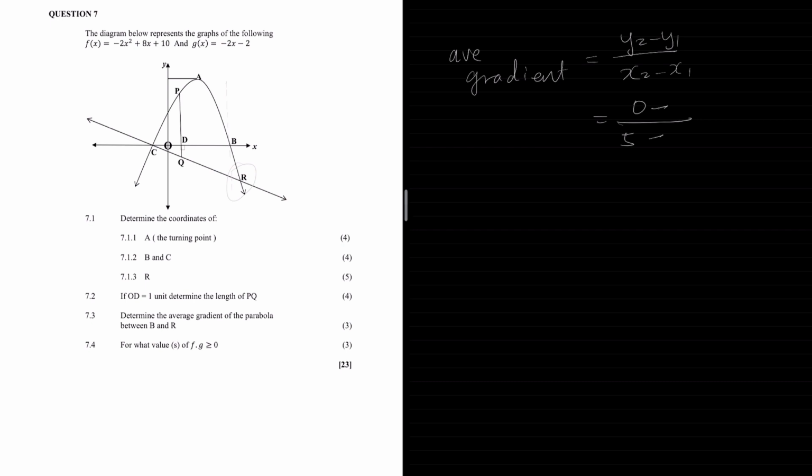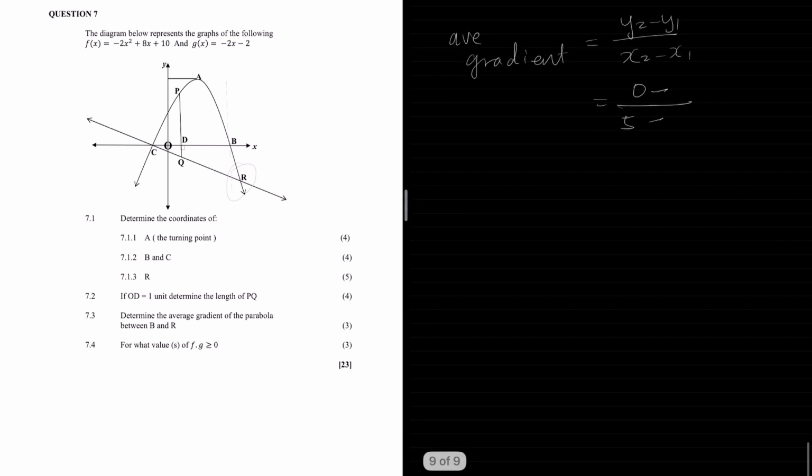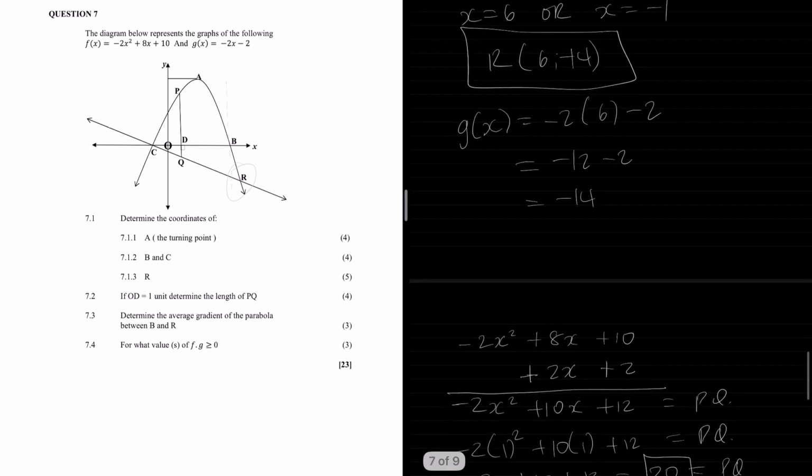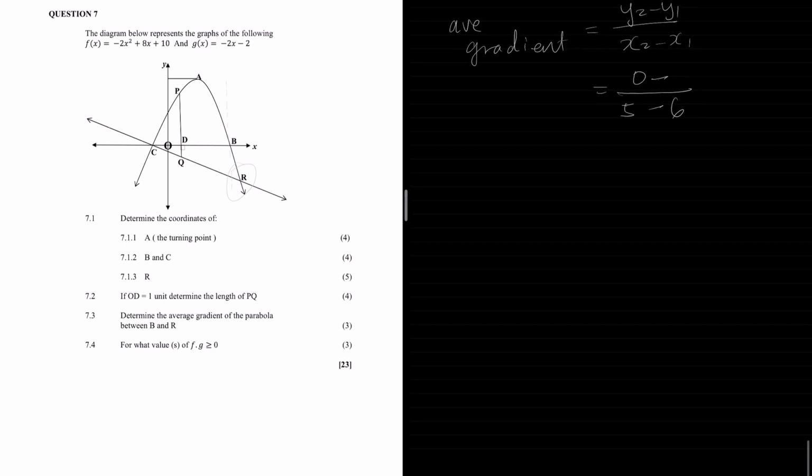And then R, what was the value for R? So R was 6 and negative 14. So that's equal to 14 over negative 1, which is negative 14.